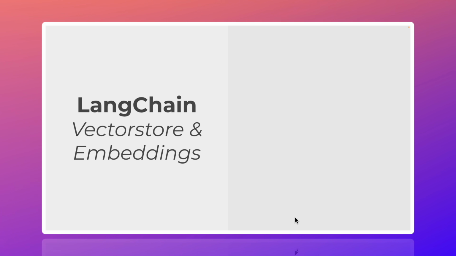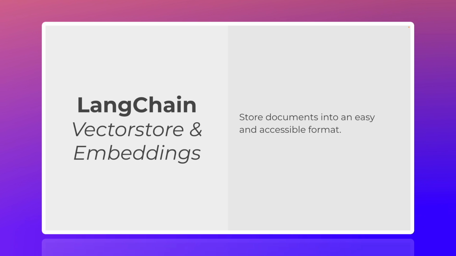Okay, so I thought it would be a good idea to look into vector stores and embeddings as an overview. Now, it says LangChain here, but essentially this is just in general how things work when it comes to vector stores, embeddings, large language models, how to build a RAG system, and how everything works in the back end. So just relax and let's go through this.